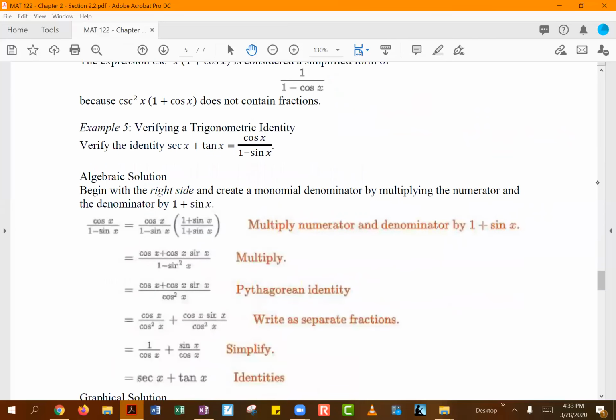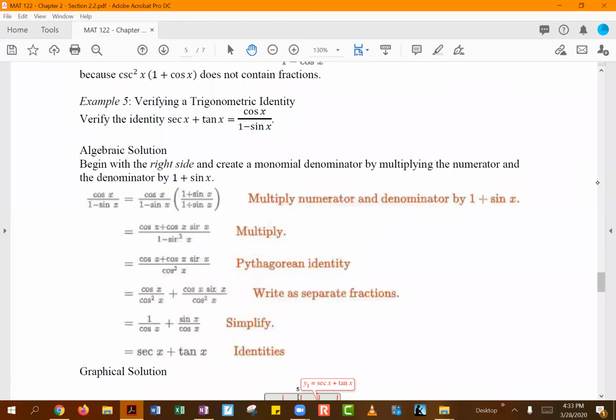So look at the solution for this guy. So we're taking that right-hand side, cosine of x over 1 minus sine of x, multiplied by the conjugate of the denominator, which is 1 plus sine of x, both the numerator and denominator. So in the numerator, you're actually distributing this cosine of x inside the parentheses, and then you're going to FOIL the denominator.